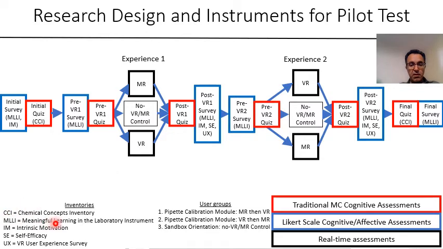We used the Chemical Concept Inventory to assess incoming and outgoing background knowledge of students, the Meaningful Learning in the Laboratory Instrument to gauge cognitive and affective learning, perceptions of the learning environment, and measures for intrinsic motivation, self-efficacy, and user experience in surveys at various points in this research design.